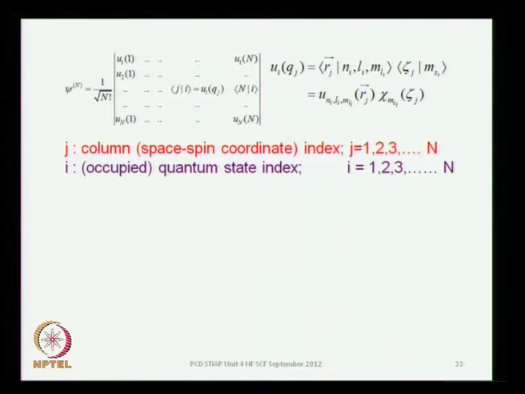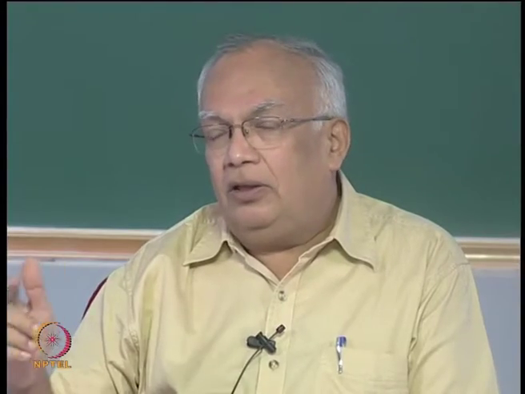I gave the example of the helium atom, or you take any atom, sodium atom if you like, and you can say that 1s, 2s, 2p, 3s states are occupied in one configuration, but in the excited state of sodium you have no electron in the 3s, but it is excited to 3p. So, the occupation of 3s would be 0 and the occupation number of 3p would be 1.